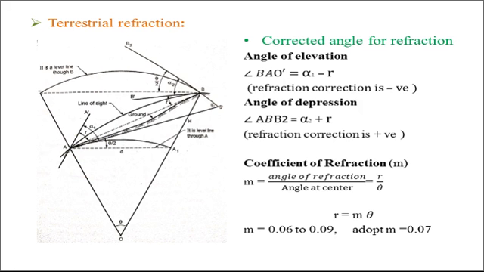Sometimes it is humid, sometimes it is dry. So its density varies. To take care of that, you have to consider this fraction 0.06 to 0.09. So m is equal to the angle of refraction divided by the angle at the center O, r divided by theta, that is r is equal to m into theta. You take m in between these two, and let us adopt 0.07 here.